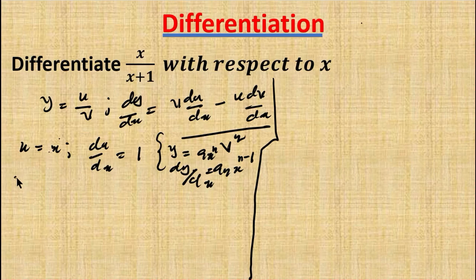Now, the same thing applies, where v is equal to x plus 1. So that dv dx will be the same thing as 1.